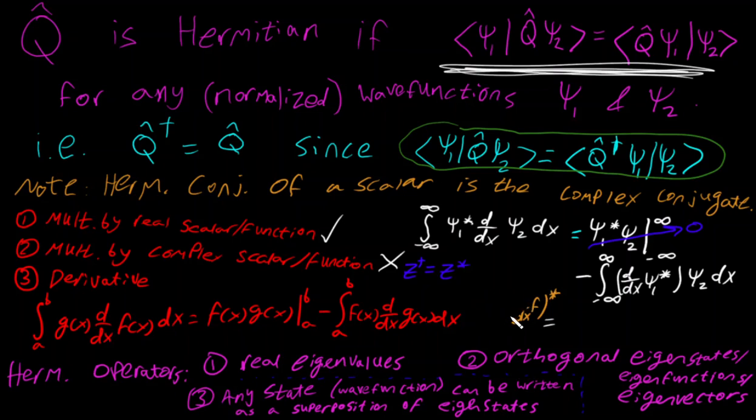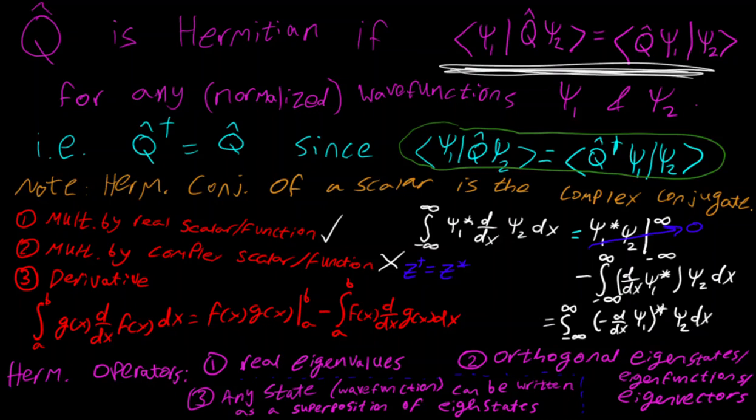This is one of the places where we start to see the difference between the Hermitian conjugate and the complex conjugate, when you take things that are not just numbers, like the derivative operator. And if we do this and then bring the negative inside, you'll see why. This is equal to the integral from negative infinity to infinity of negative d by dx psi 1, all of that star, psi 2 dx. Right?